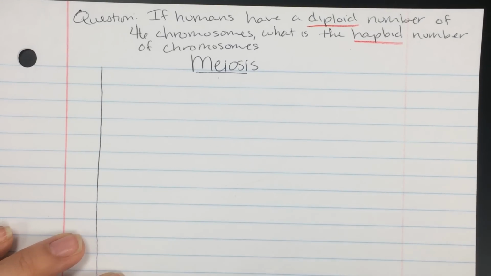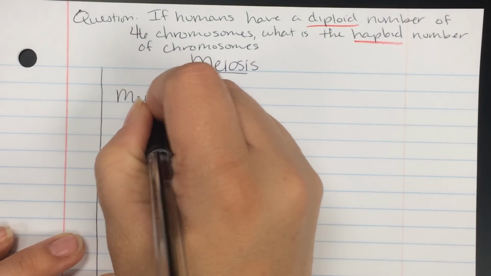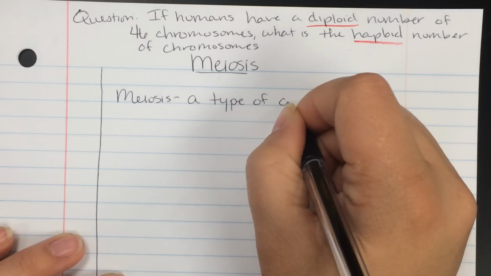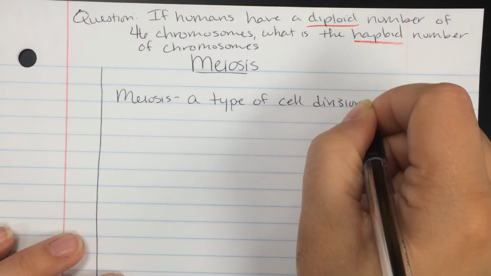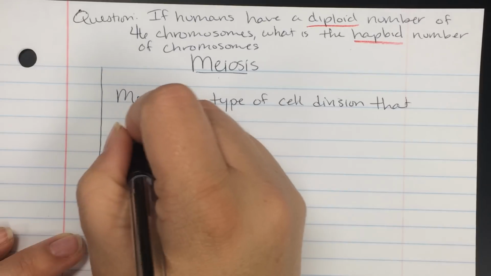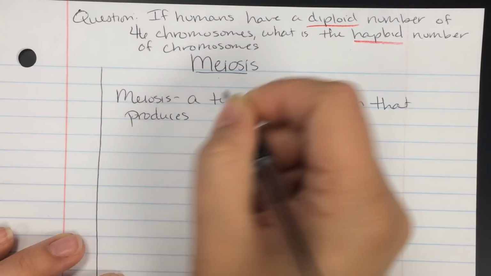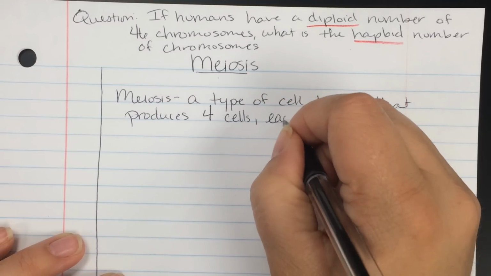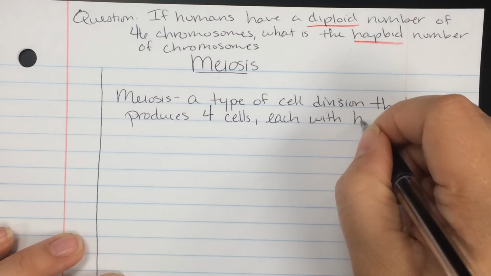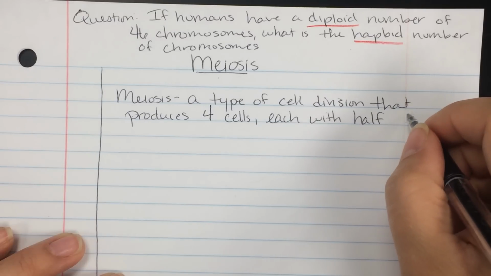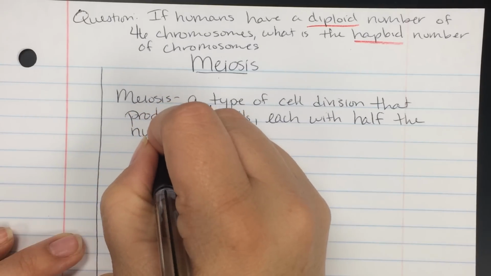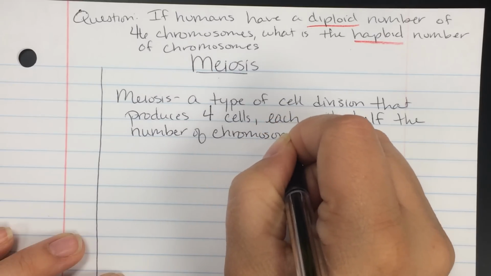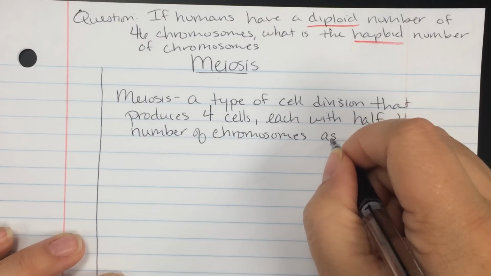So let's start first with our definition of meiosis. Meiosis is a type of cell division that produces four cells, each with half the number of chromosomes as the parent cell.